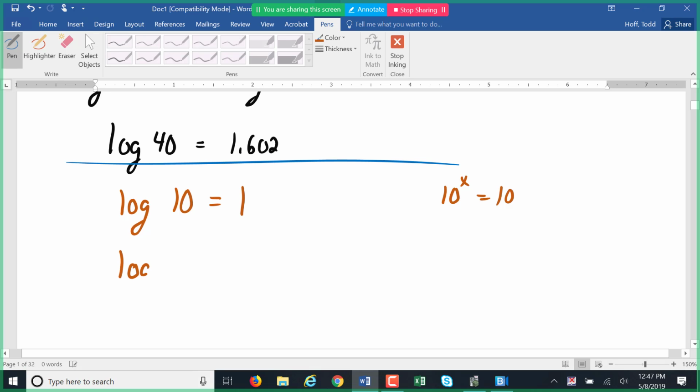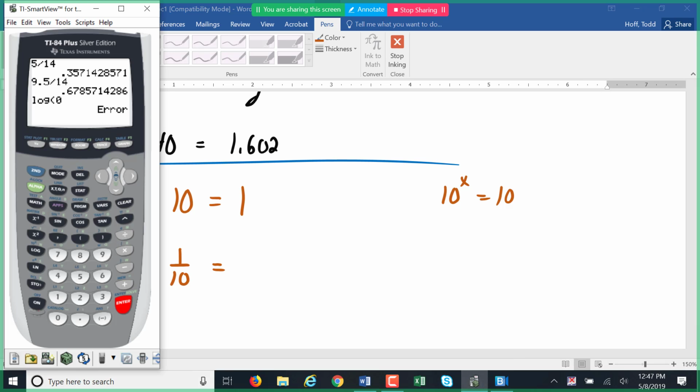How about log of 1/10? Go ahead and punch it in if you want to. What do you get? Did you get negative 1?